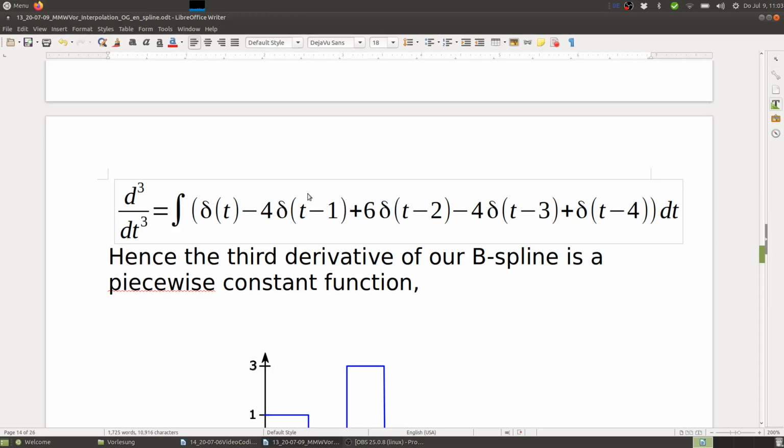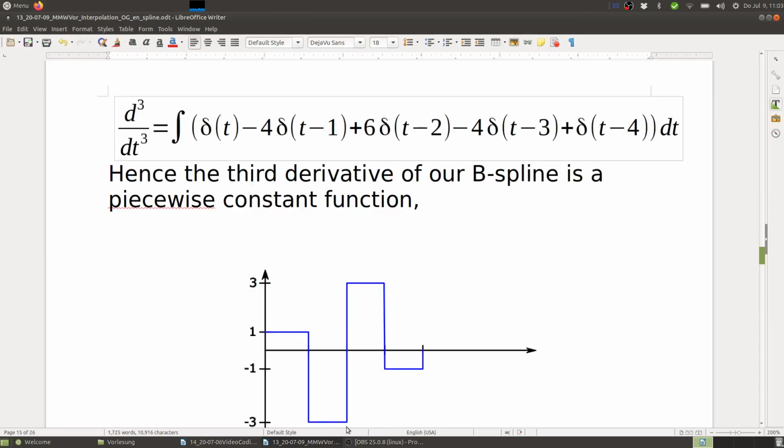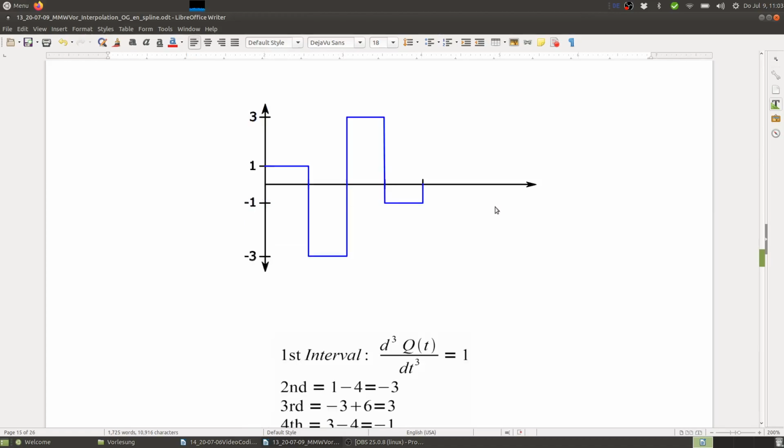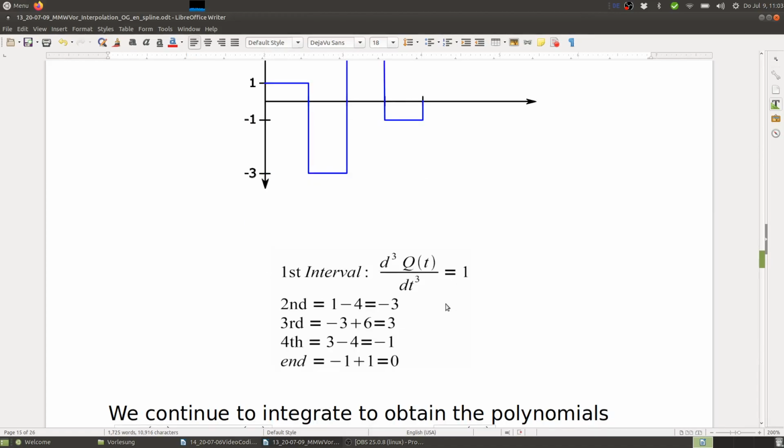Then at the place of the next Dirac we have negative 4, so we have 1 minus 4, which becomes minus 3. Then we have plus 6 at the next position, so we end up at plus 3. Then we have minus 4 again, so we get minus 1 as a result. And then finally we add plus 1 and we get back to 0. So this is now the third derivative of our B-spline. So we are making progress. This is our third derivative.